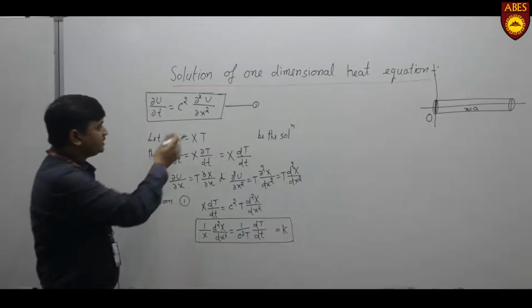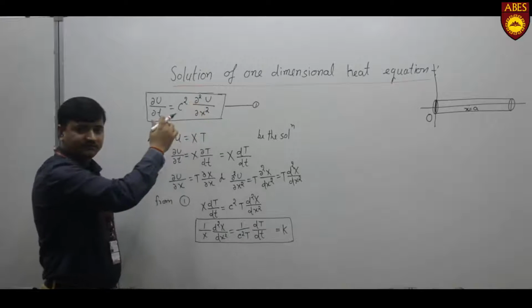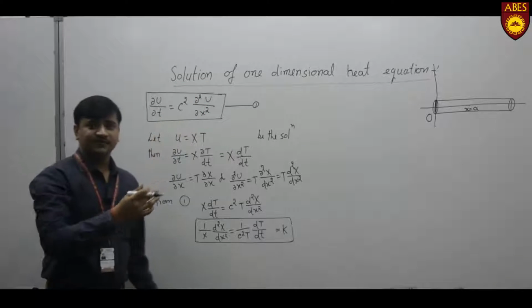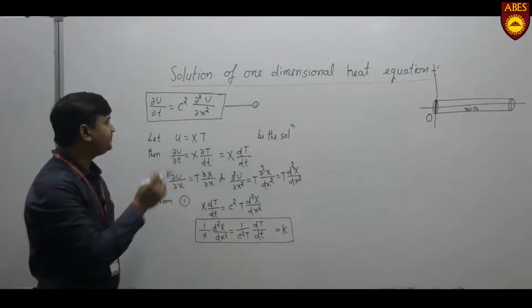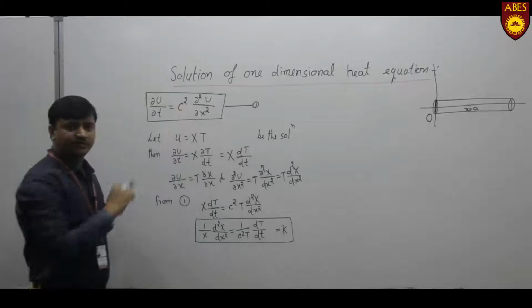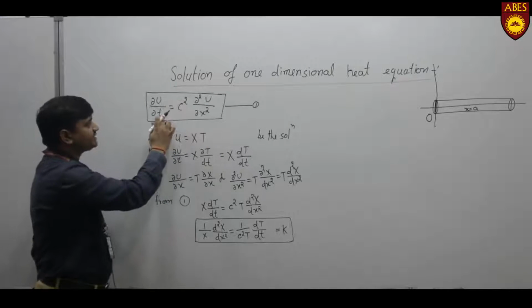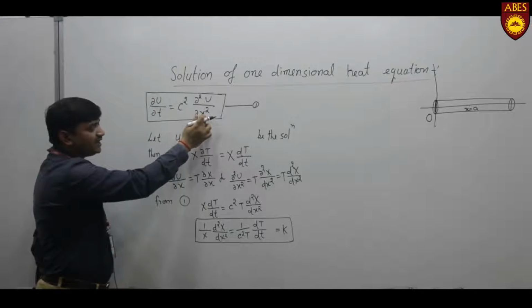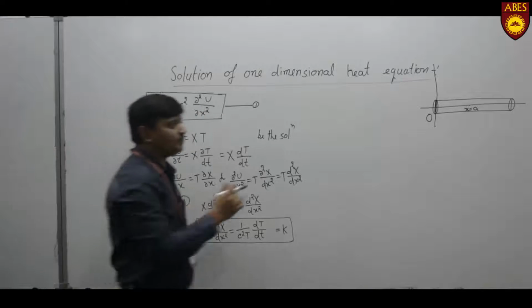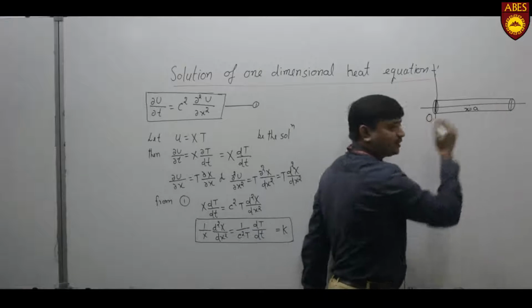Now, the solution of this particular differential equation is known as the relation between the dependent variable and the independent variable. Here in this differential equation, the small x denotes the position of a point on this metallic body.